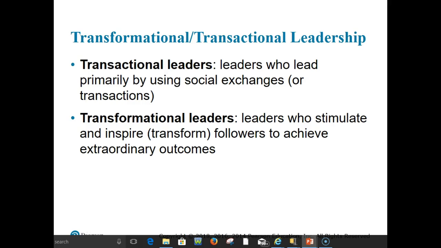But another type of leader, a transformational leader, stimulates and inspires, they transform followers to achieve extraordinary outcomes. So again, transactional leaders lead primarily by using social exchanges or transactions, and transformational leaders stimulate and inspire. They transform followers to achieve extraordinary outcomes.